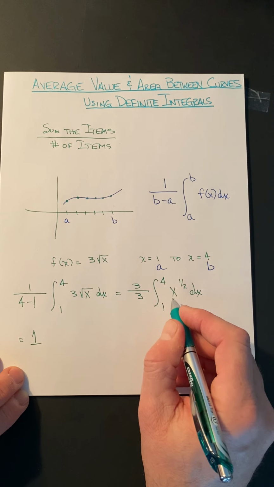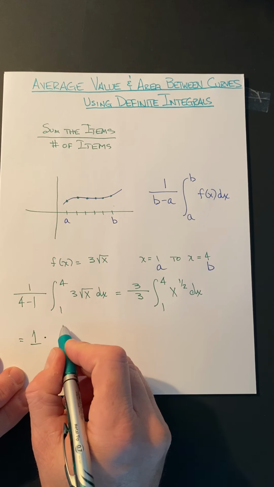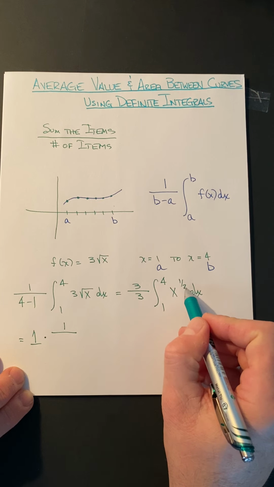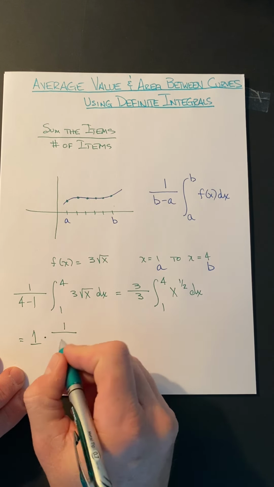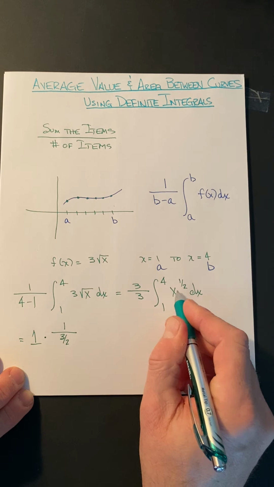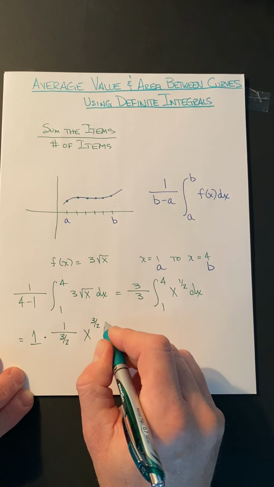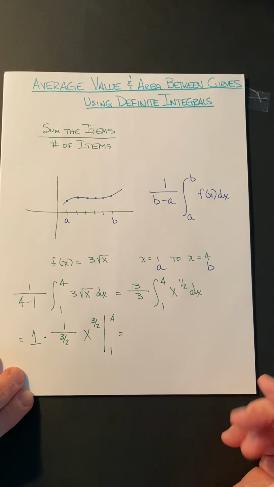And then I'm going to integrate, right? So my integral, or the result of my integration, if this is n, is n plus 1. So I'm going to get a 3/2 times x to the n plus 1, x to the 3/2 from 1 to 4, okay?